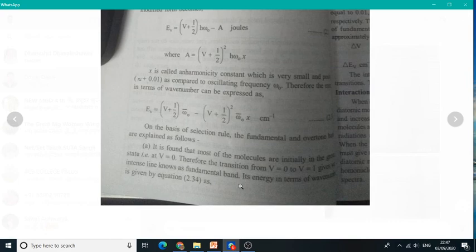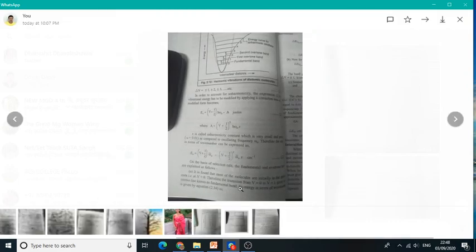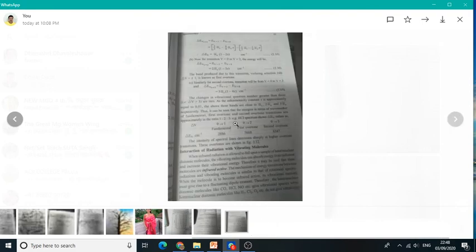Its energy in terms of wave number is given here.